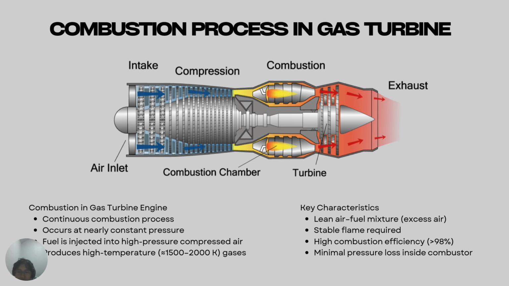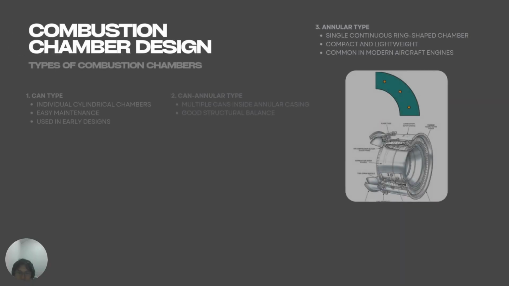The gas turbine operates under lean conditions, meaning excess air is supplied. Only a portion of the air supports combustion, while the remaining air is used for cooling and dilution to reduce turbine inlet temperature. This distribution is essential for protecting the turbine blades from thermal damage.